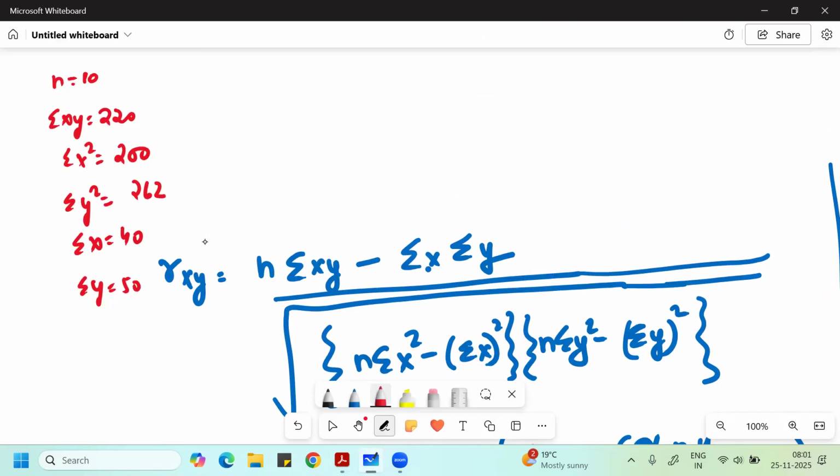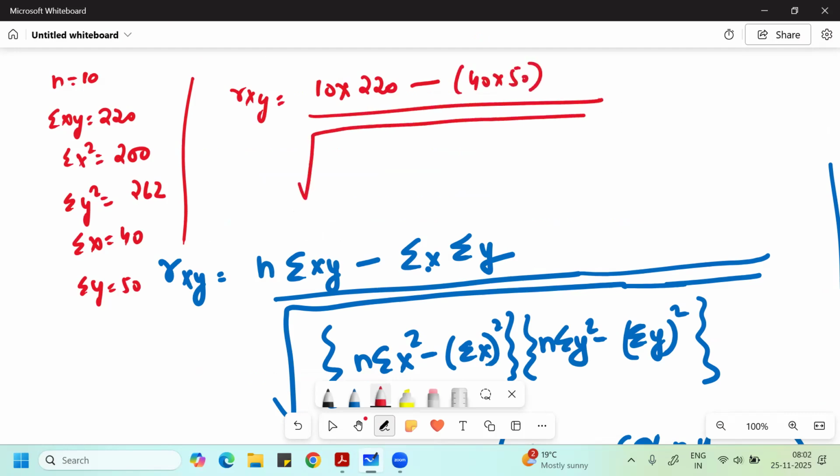Now you have to find the r value, so you can just insert these values in the equation. n is 10, sum of xy is 220, minus sum of x into sum of y, this whole divided by the square root of n is 10 into sum of x square 200 minus summation of x, 40, square, then n is 10 into sum of y square 262 minus sum of y whole square.